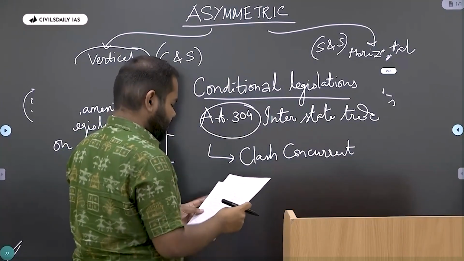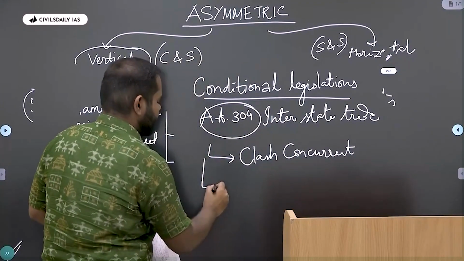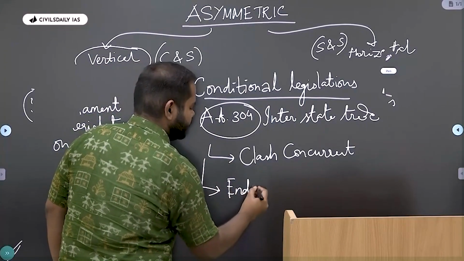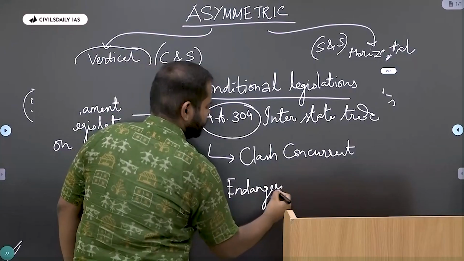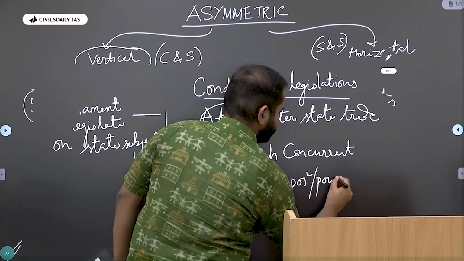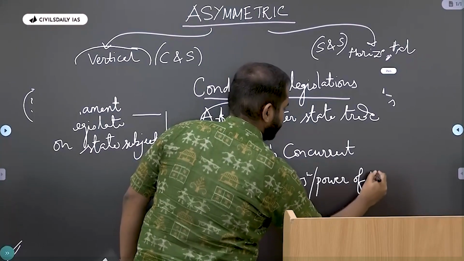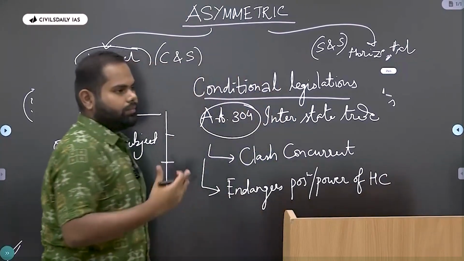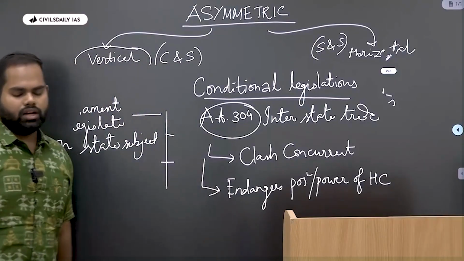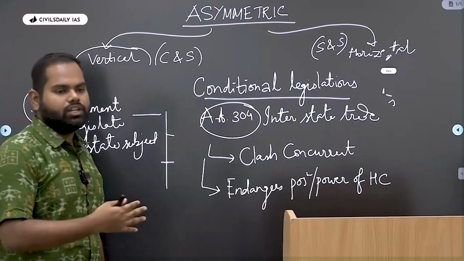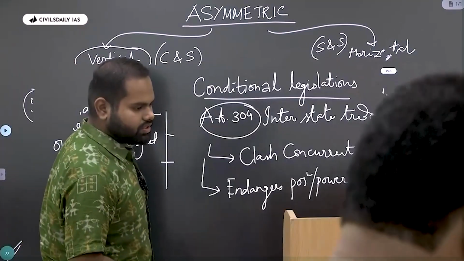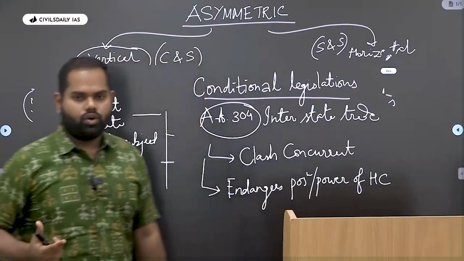But apart from that, when there is a law at the state level that endangers the position of the High Court, then the assent of the President becomes necessary. There are a couple of other conditional legislations, but the idea was to tell you that apart from those 5 articles, these are also the legislative ways in which the dependency of the state on the center is there.